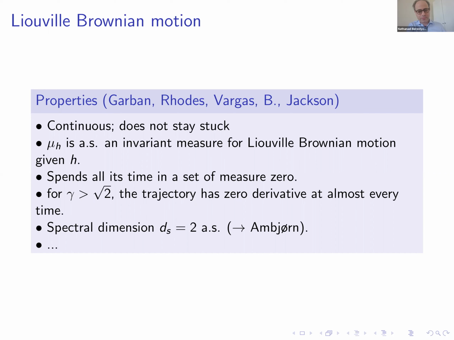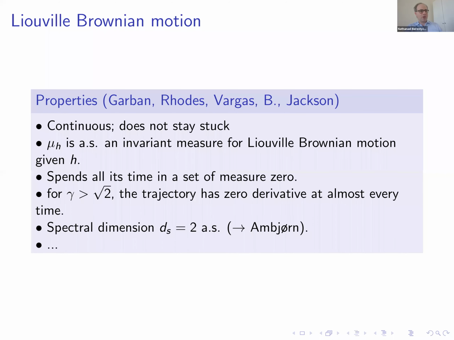One property that's very surprising for probabilists the first time that you see it is that when gamma is greater than square root 2, so remember the phase where it's well defined is gamma between 0 and 2, it degenerates after that, but gamma can be greater than square root 2. And you get something non-trivial when you do that. So for gamma greater than square root 2, the trajectory has almost surely 0 derivative at almost every time.